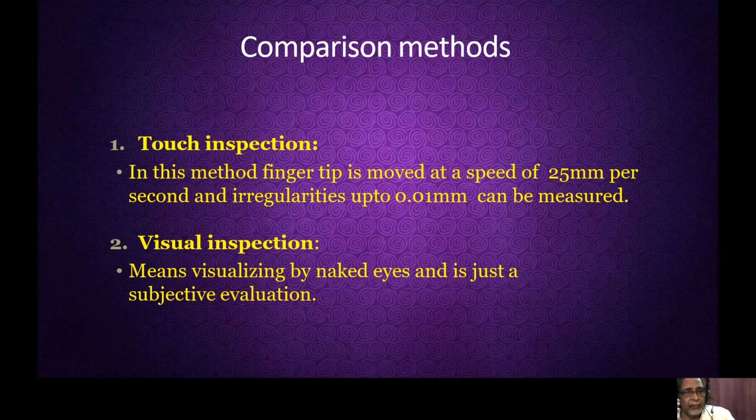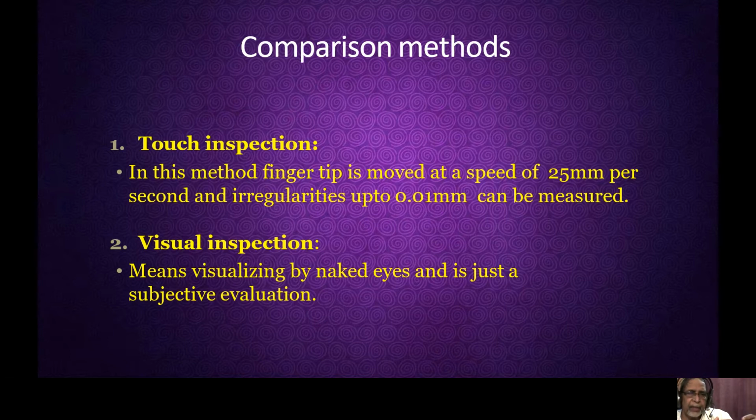Number one, touch inspection. In this method, the fingertip is moved at a speed of 25 millimeter per second, and irregularities up to 0.01 millimeter can be sensed.